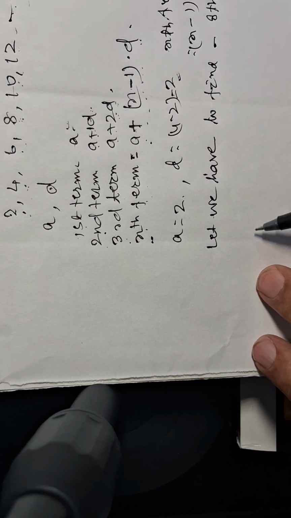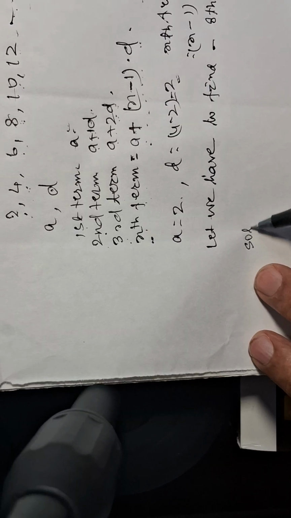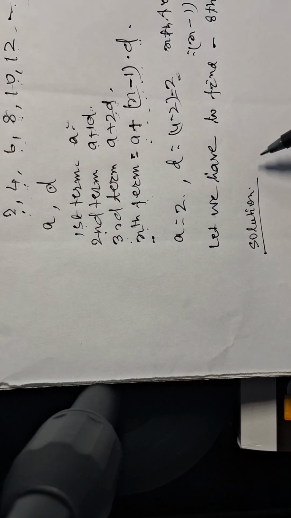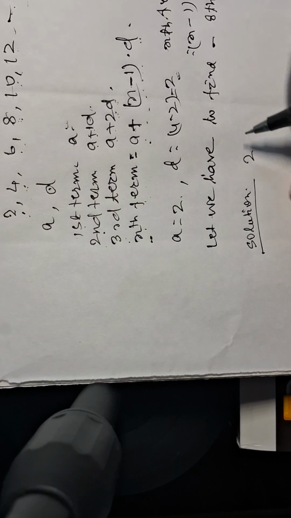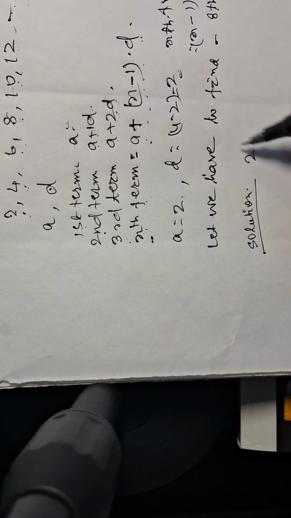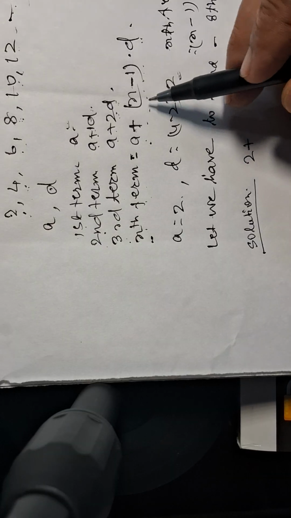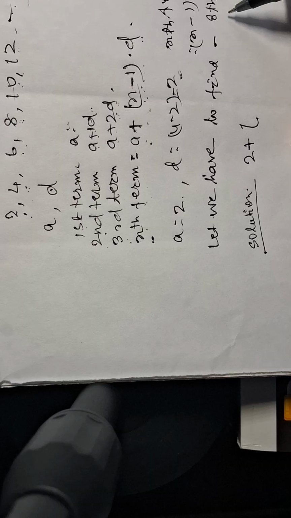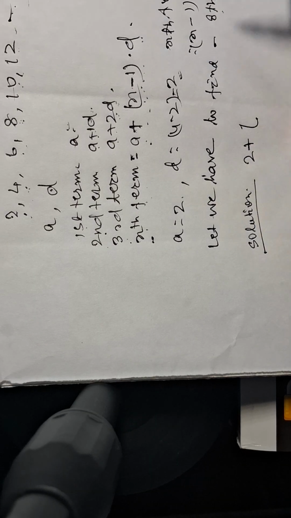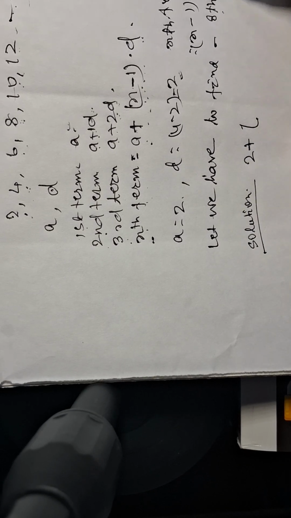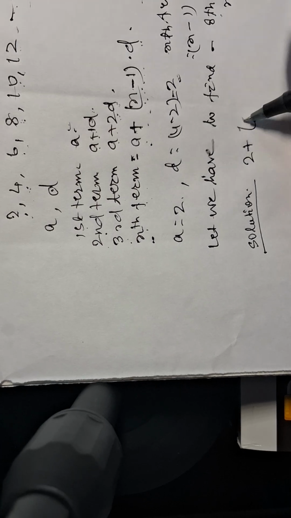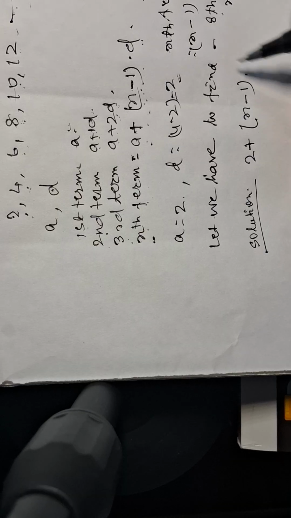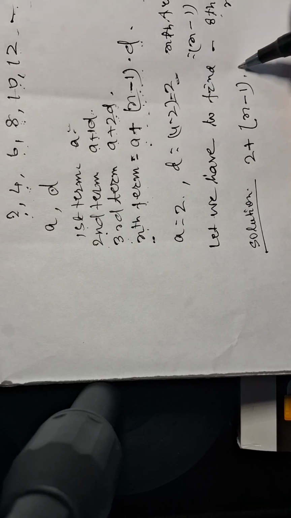Solution: A is 2, so 2 plus n minus 1, and n is 8, into D, and D is 2.